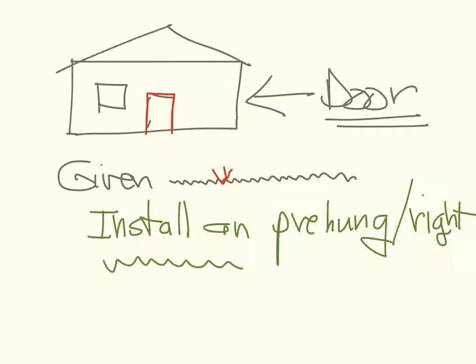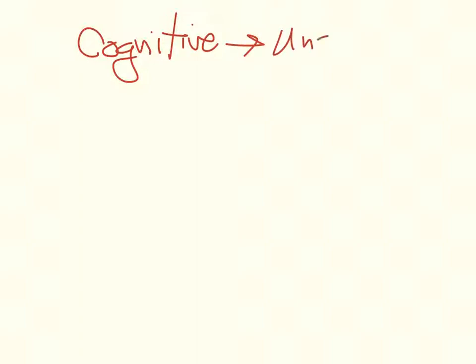Now, let me move to one last thing. What's interesting here is there's some cognitive skills here. Cognitive skills, you might say under Bloom's taxonomy, understanding. I forgot to pronounce that right.